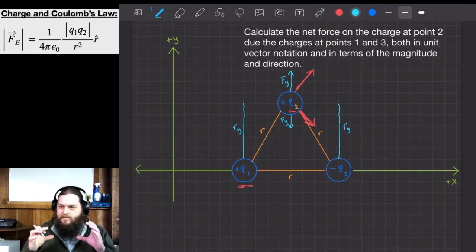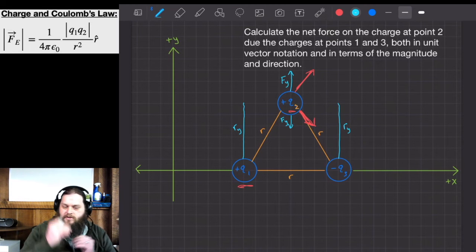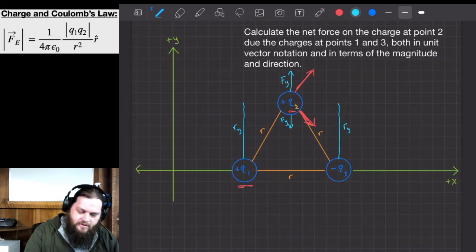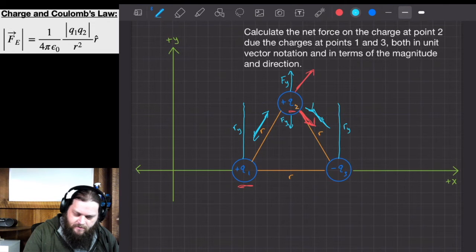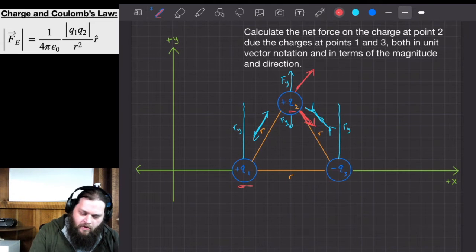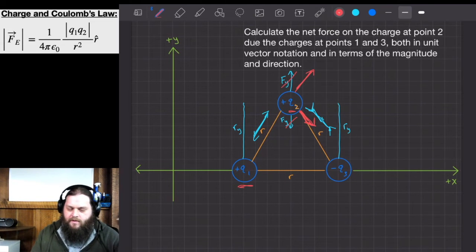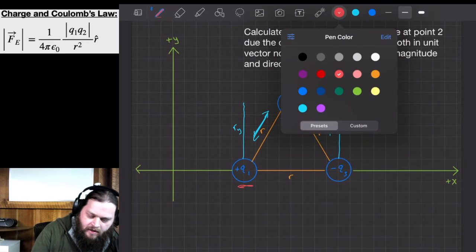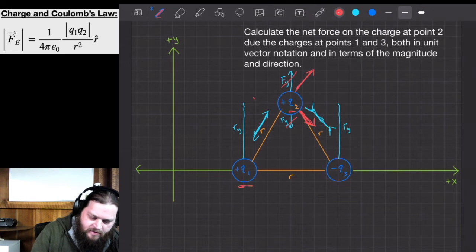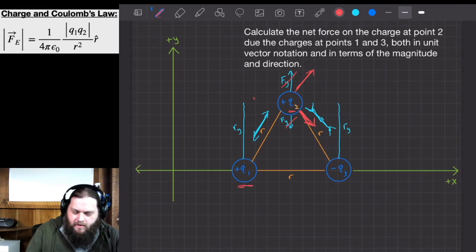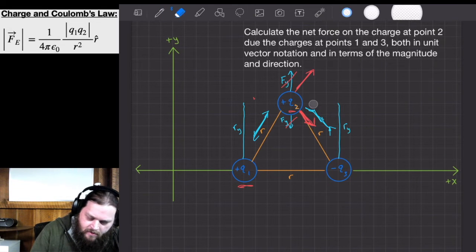Since those have the same distance, they're going to have the same magnitude, just opposite directions, because this one is repulsive and this one is attractive. So we can cancel out those y components and really just focus on the x component of things. The x component we can calculate then. I'm going to erase this so it doesn't get all cluttered.